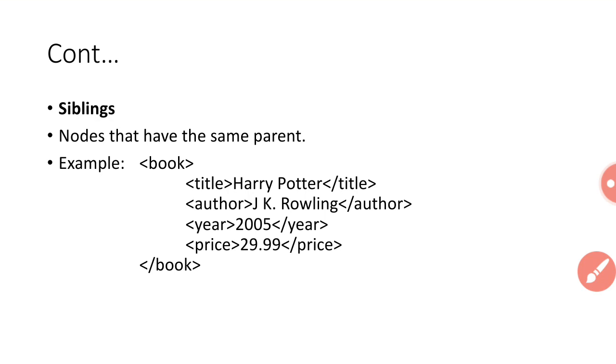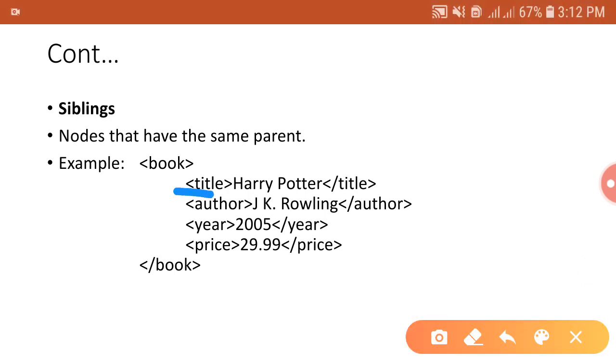Now what is the meaning of siblings? Siblings are nodes that have the same parent. So in this example, title, author, year, price are all siblings because they have same parent, which is book.